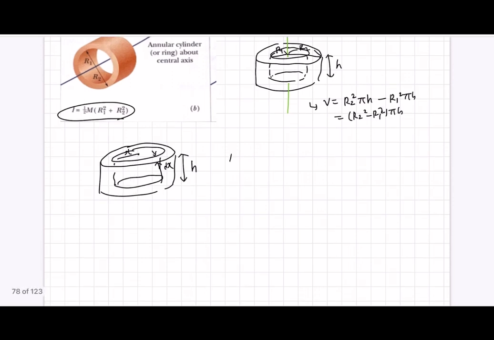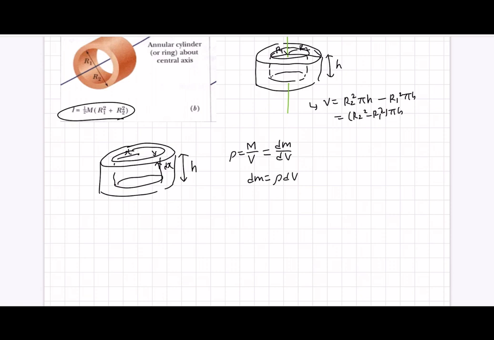And we could have that rho equals m over v, the mass density. And this is the same as dm over dv. And so you can say that dm is equal to rho dv, right?